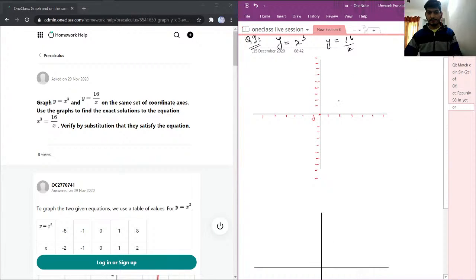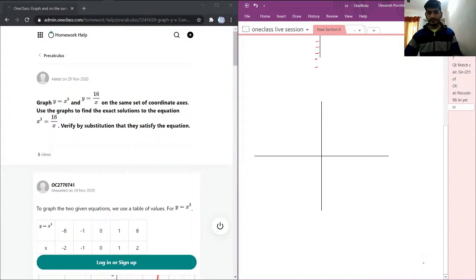So let's just find a few values for this y equal to x cube. So for y equal to x cube, I'll put x as 0.